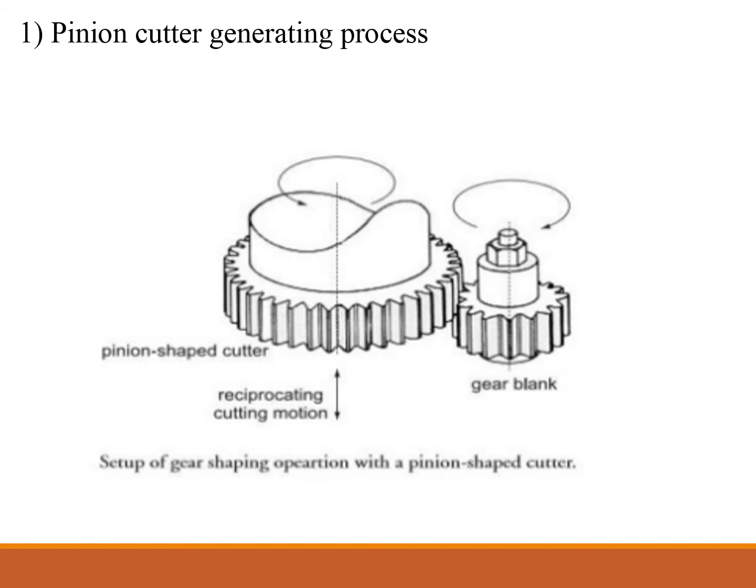Gear shaping is one of the most versatile of all gear cutting operations, used to produce internal gear, external gear and internal gear pinion arrangements. Advantages of gear shaping with a pinion shaped cutter are the high dimensional accuracy achieved and the not too expensive tool.